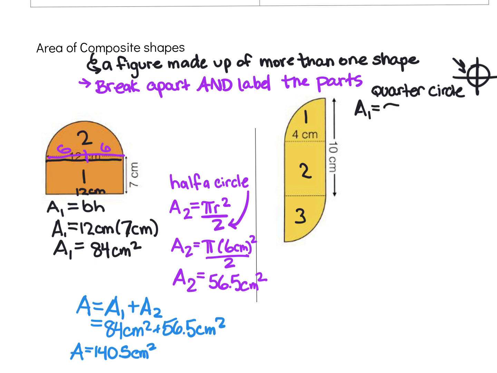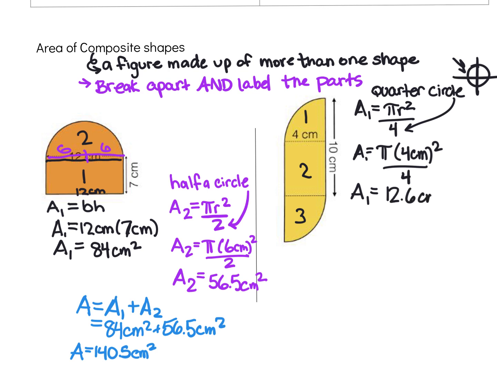So our formula for a circle, pi r squared, we are going to divide that by 4 to get the quarter right there. Plug in what we know. We can see right here that the radius of this circle is 4 centimeters. So we have 4 centimeters squared divided by 4. When we plug this into our calculator, rounding to the nearest tenth, that gives us 12.6 centimeters squared.